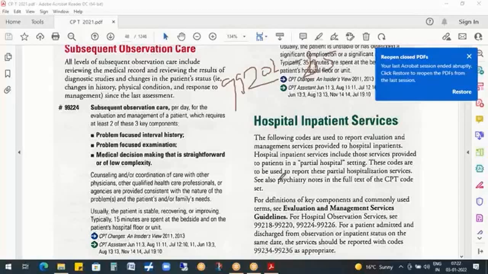Initial services: 99218 to 99220. 99218 to 99220.